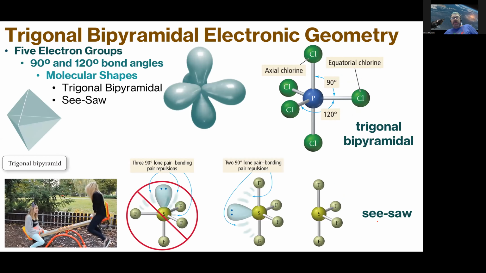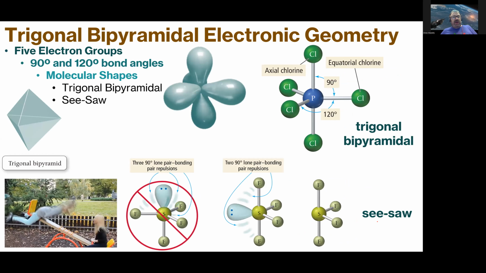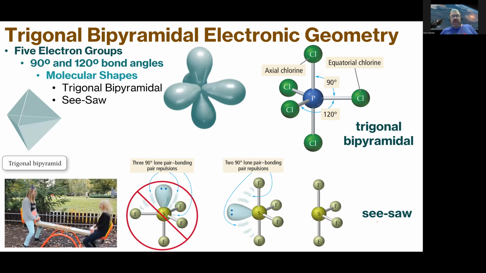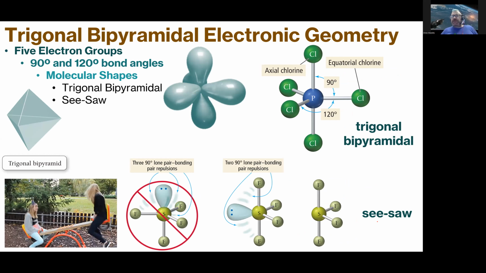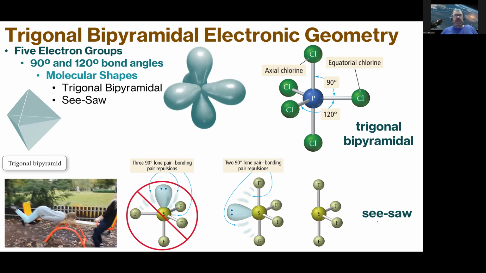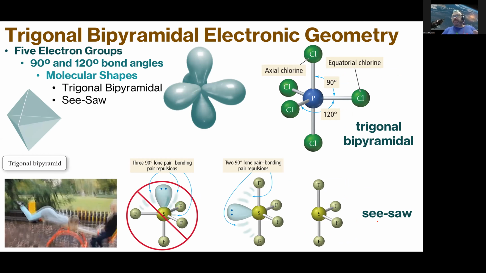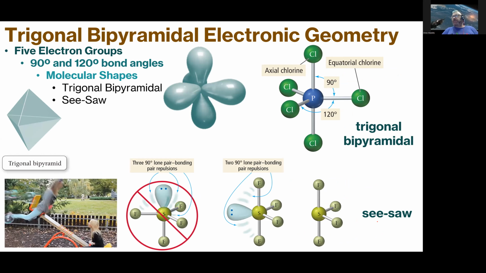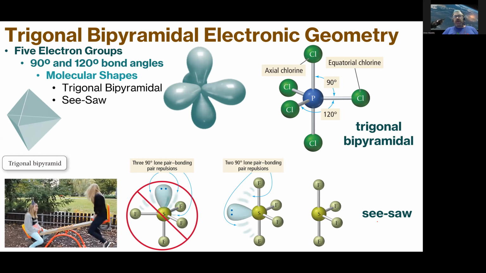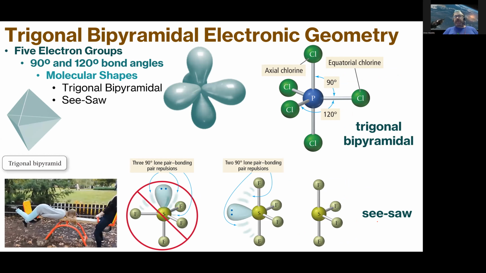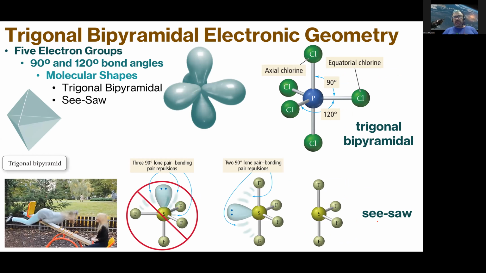All right. When we're talking about 5 electron groups, it's trigonal bipyramidal. I really should have this animated so it wasn't all here all at once because it's stressing me out. But for 5 electron groups, what we're thinking about is something called trigonal bipyramidal electronic geometry.